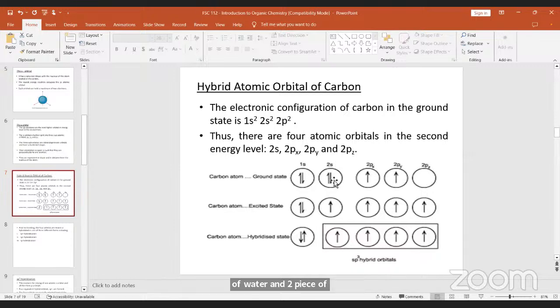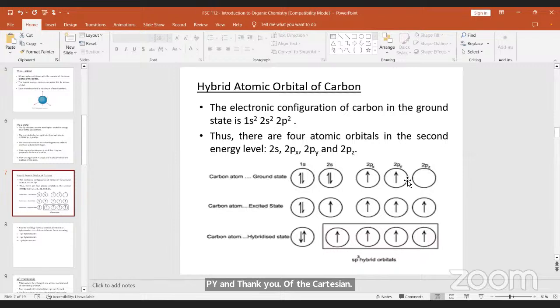Now, if you put 2 electrons in the 2s, it means you have 2 electrons left. But you also know that the p orbital is called a degenerate orbital. In other words, it is unlike the s orbital that is just one type. The p orbital is 3 types. So that means you have px, py, and pz that take different directions of the Cartesian direction.